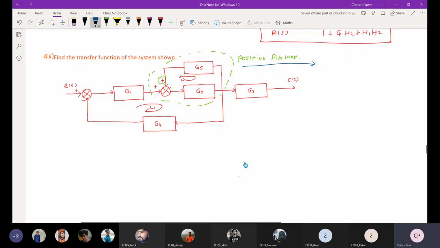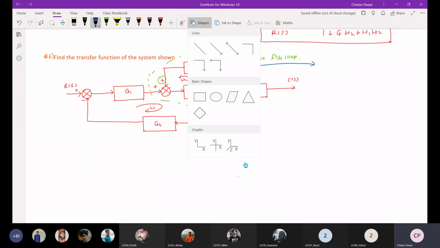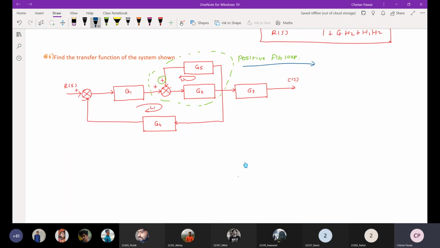Marker is not there in this particular app. So this will be the forward path and this will be the feedback path. The forward path element gain is G2 and the feedback path element gain is G5.